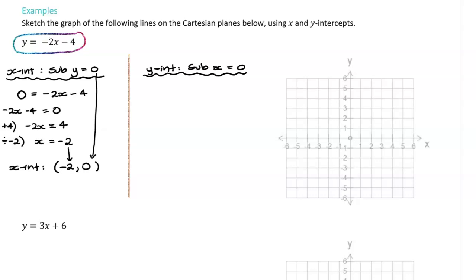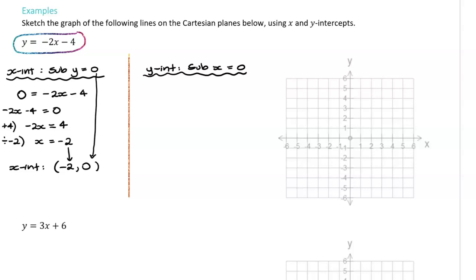If you're feeling confused about why we substitute y equals 0 to find the x-intercept, and now x equals 0 to find the y-intercept, I encourage you to go back to when we talked about what all y-intercepts had in common. That was always an x-coordinate of 0, and all x-intercepts had a y-coordinate of 0. So that's why we substitute that value into our rule to find that point.